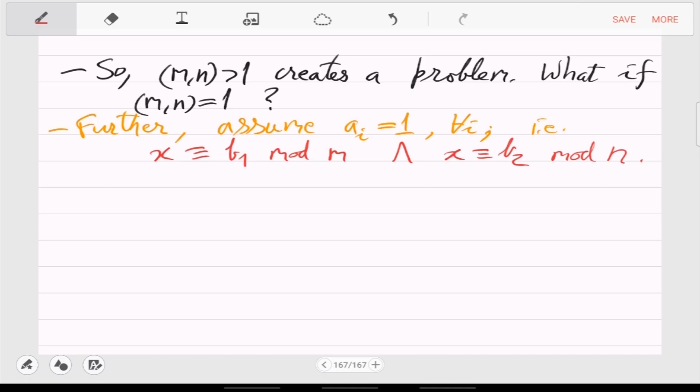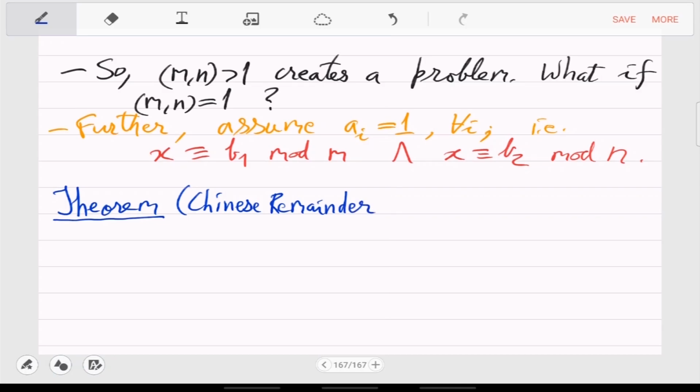Okay, you haven't seen this then. So then we'll show that there is always an x, and there is a fast algorithm to find this x. Okay, so this is called the Chinese remainder theorem, from around 300 AD.